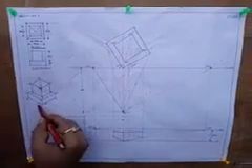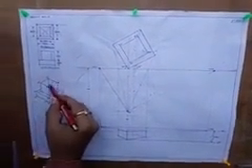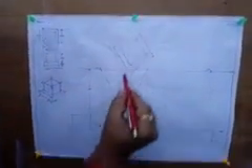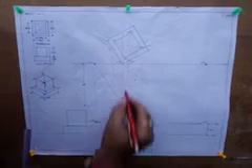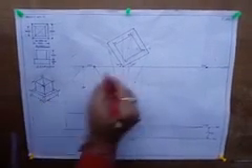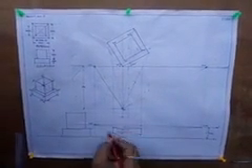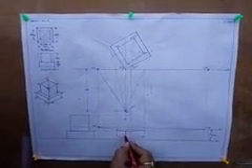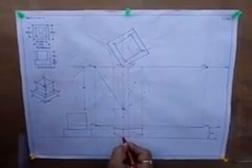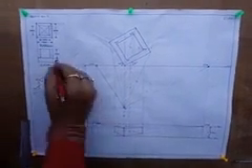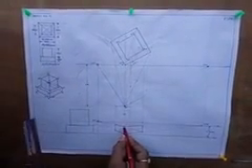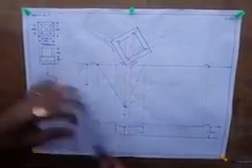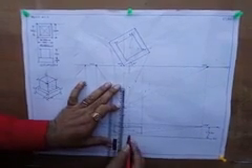Then from here I have marked A dash, B dash, C dash, D dash. A dash is directly on the picture plane, so you can mark the actual height on the picture plane, exactly equal to 1 meter. Here 1 meter is converted in 1:50, so I have taken 2 centimeters because it is on the picture plane.